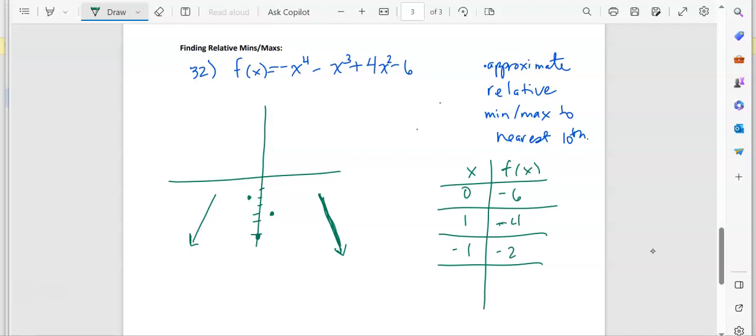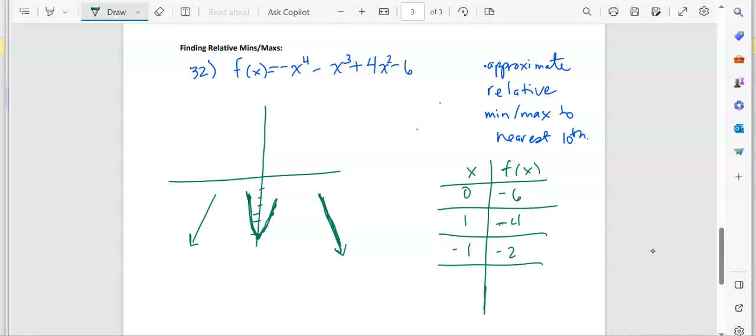So I know at some point my graph looks like it's going to dip down here, and this is going to be some sort of relative minimum. And then it looks like it's going to come back up at some point and go back down. And the same thing is happening here. I'm just guessing and sketching.